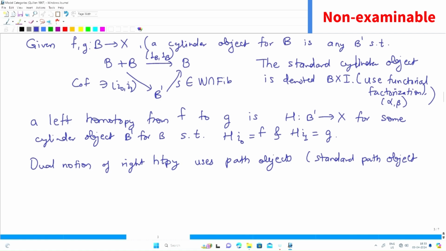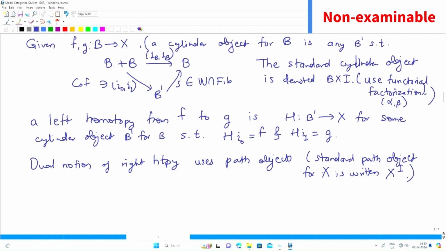It is the space of all continuous maps from the interval to our space. So the standard path object for X is written X to the power I, to denote the internal hom.